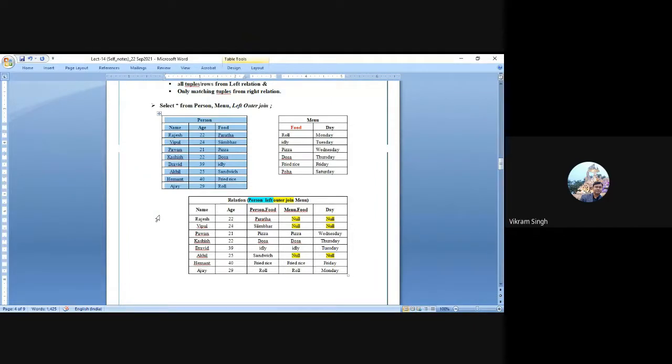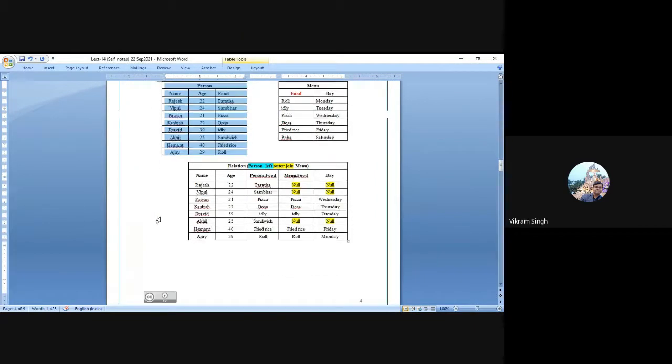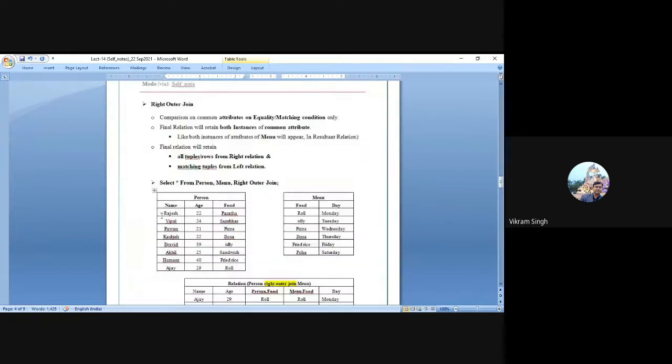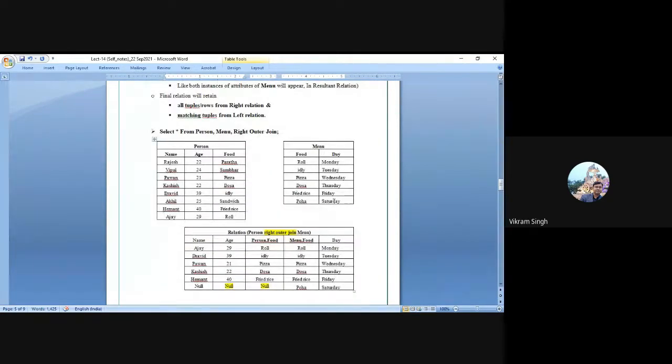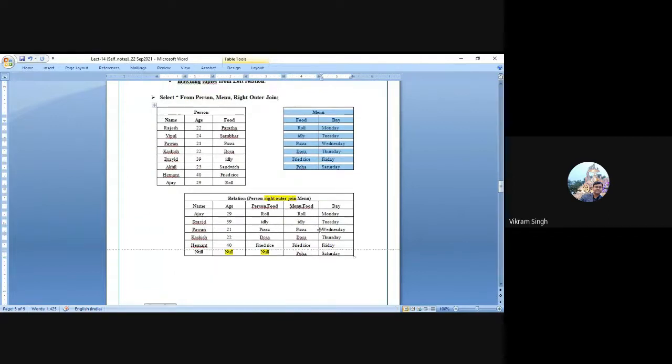But if you switch your focus to the right side relation, it will retain all the tuples from the menu in the resulting table here. So you can see all the tuples have been maintained, and if something is matching in the left side table, it will also be presented like this.